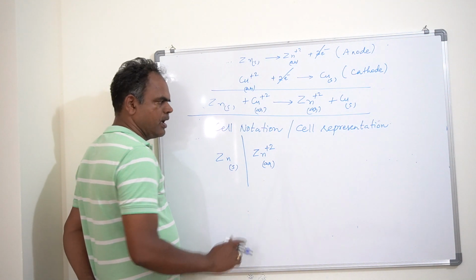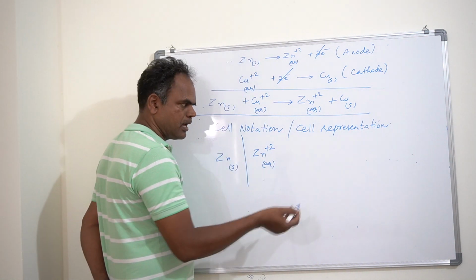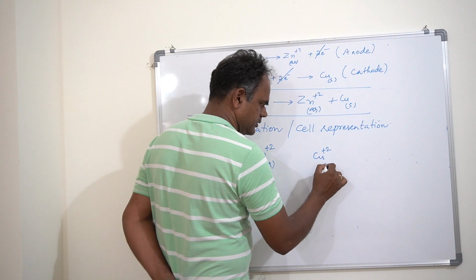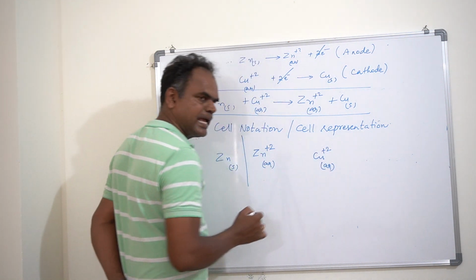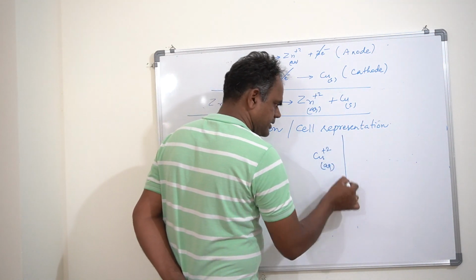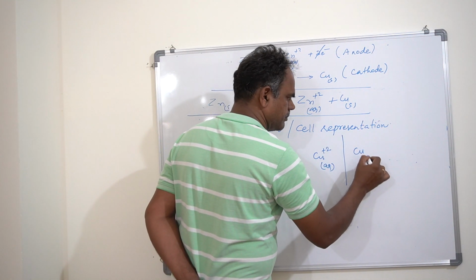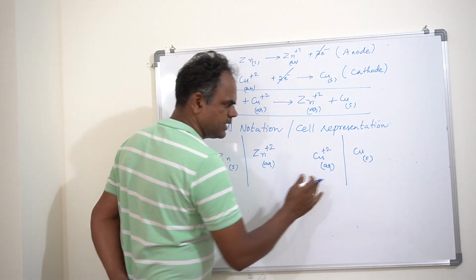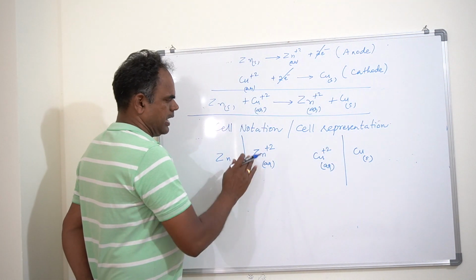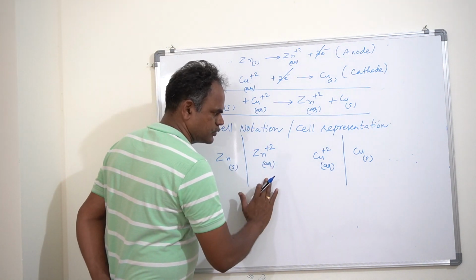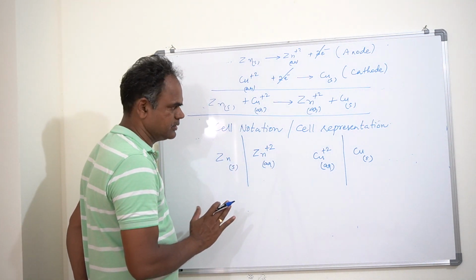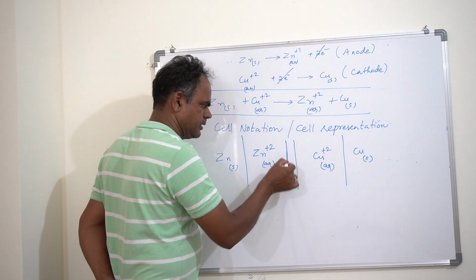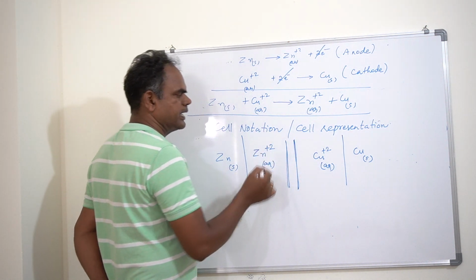And in the other half cell, cupric ions present in aqueous solution are separated by a vertical line from pure copper metal. And these two electrolytic solutions are separated by a salt bridge, which is indicated with two vertical lines.